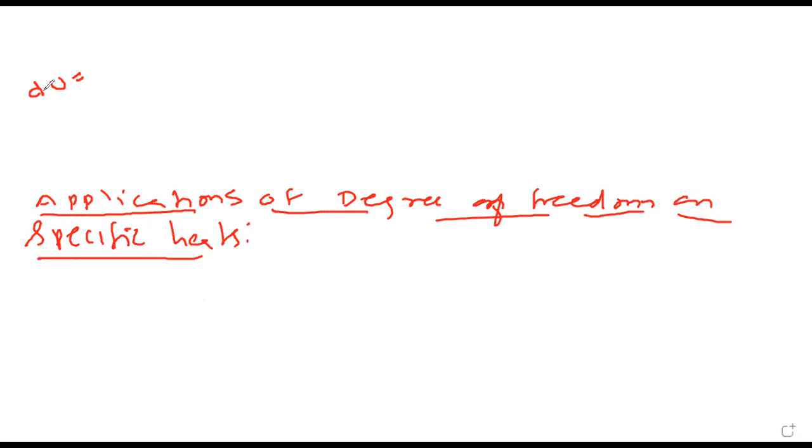So that is nothing but, for 1 mole it is CvdT, for n mole it will be n times CvdT. So internal energy upon dT, can I write Cv by cross multiply? Let us see what is the meaning of this.